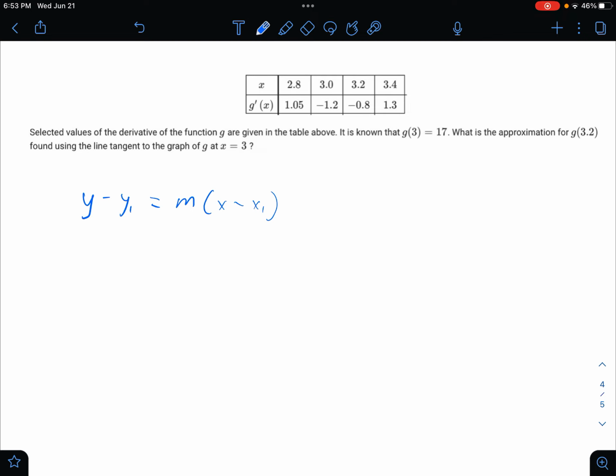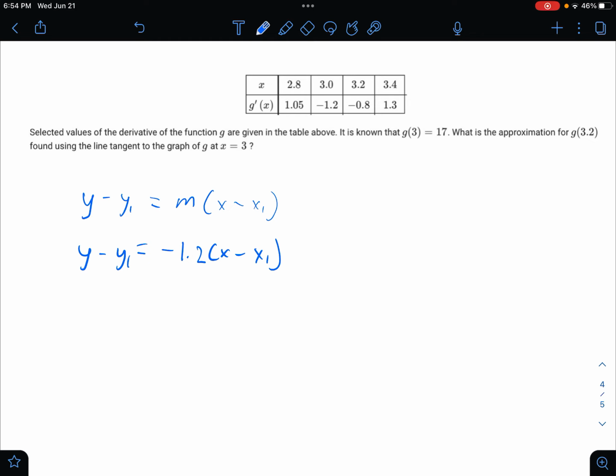So now let's look for what is the derivative of g at x equals 3. Looking over at x equals 3, right now it is negative 1.2. So let's write that down. Negative 1.2 times x minus x1 is equal to y minus y1. So what is our y1 in this case? In a tangent line, our y value is always going to be whatever number we're helping to approximate with, which in this case is 3, and just plugging it straight into the equation.